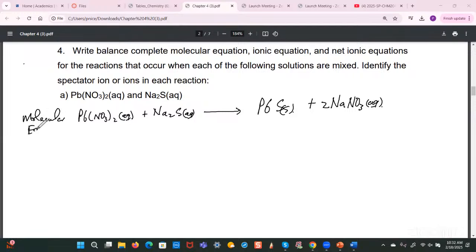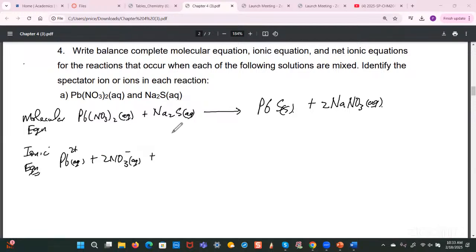The ionic equation is next. When it comes to the ionic equation, any ionic compound that dissolves in water will dissociate to form ions. So the lead 2 nitrate will split up to form Pb2+ aqueous plus 2 NO3- aqueous.